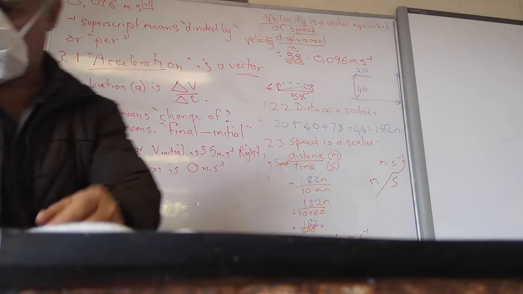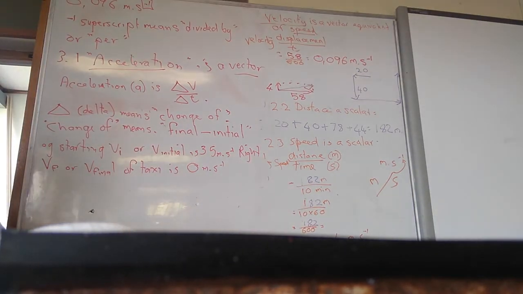Won't you work out the acceleration of the taxi if it took him 2 seconds to stop, which they said? Look, he waited 1 second and then he applied the brakes, and then the velocity changed from 35 to 0 in 2 seconds. So how are you going to do it?